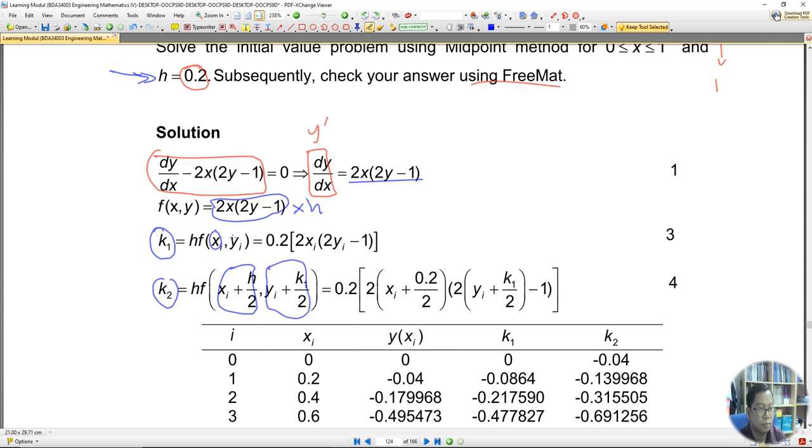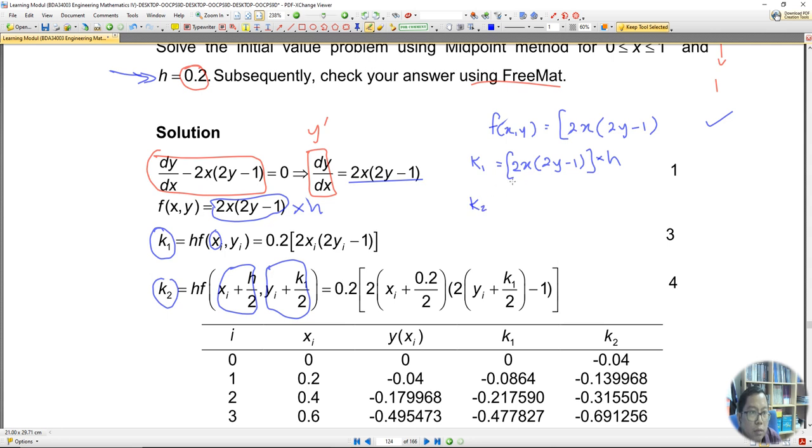So in this case, f(x,y) is equal to 2x multiplied by (2y minus 1), and for k1 it is equal to 2x multiplied by (2y minus 1), and then you have to multiply by h.